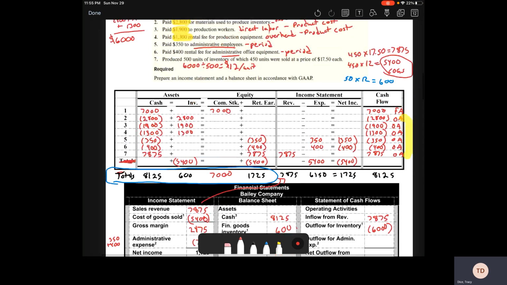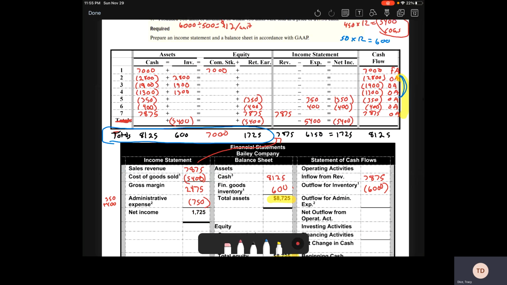So that's just these first three expenses, because these were all related to our inventory. And then for administrative expenses, that's that $750 again. For net outflow of $78.75 minus the $6,000 minus the $750 of $11.25.